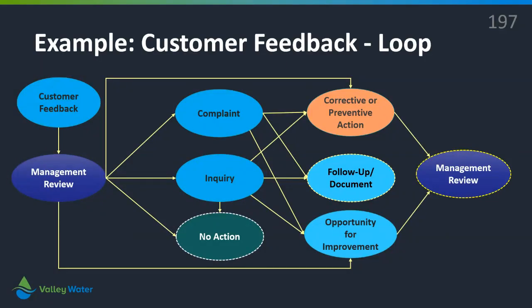Results of all these categories will get pulled out of their individual silos, connected to the escalation process, if applicable, and then make it back to the next management review. And the cycle continues. These loops may look different from lab to lab. So again, you define what your balance is.